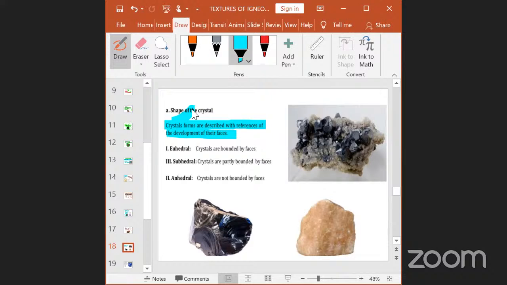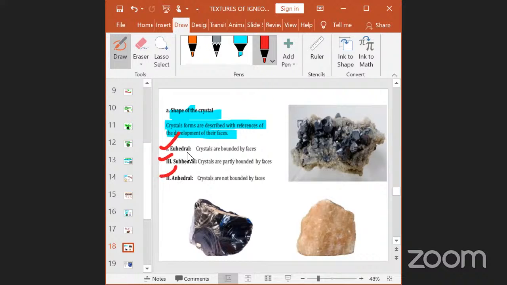When the mineral is completely bounded by crystal phases, the shape of the crystals is of three types: euhedral, subhedral, and anhedral.